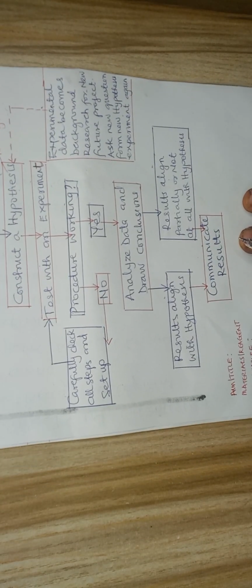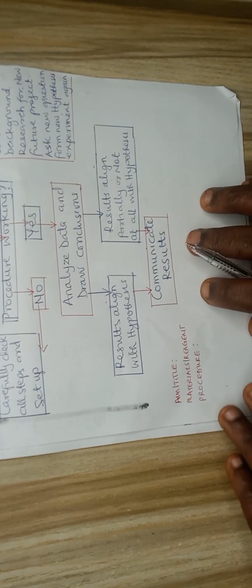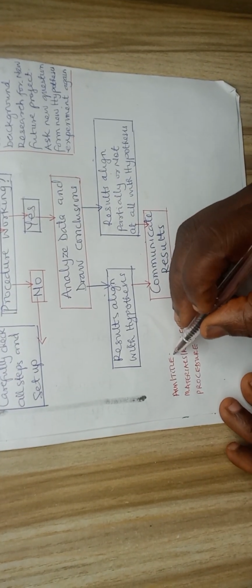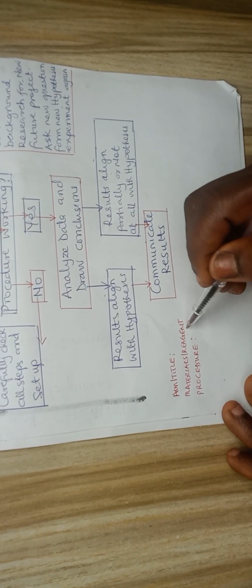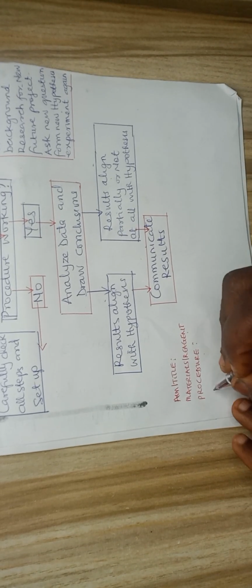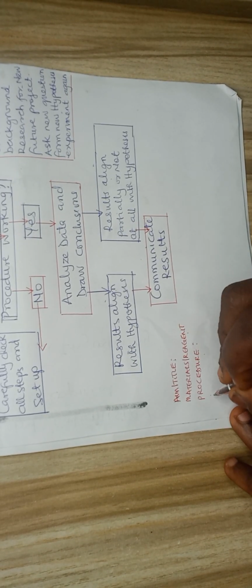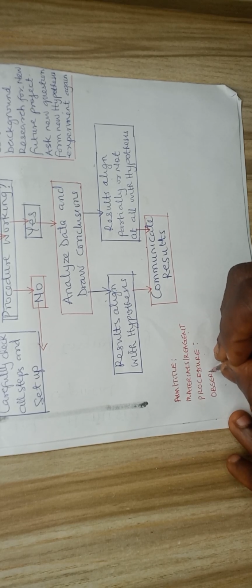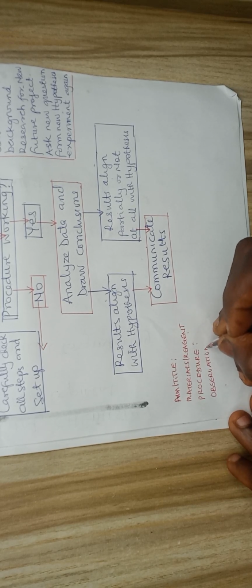So after the aim and title, we have the materials and reagents. Then we have the procedure. Then the next one is the observation. After your experiment, what did you observe? Then from the observation, you can draw a conclusion about your experiment.